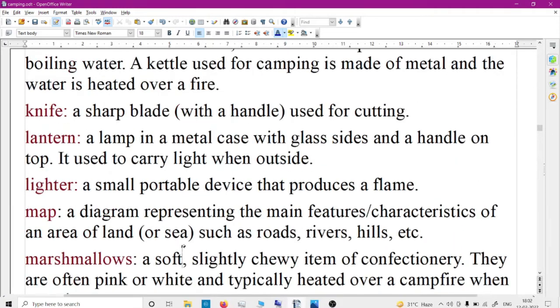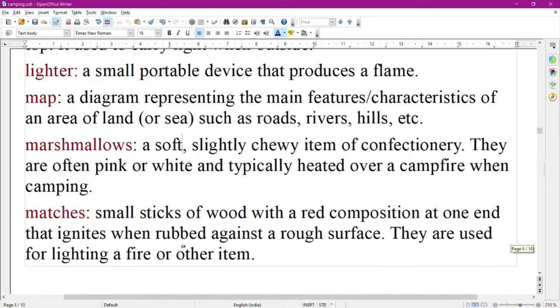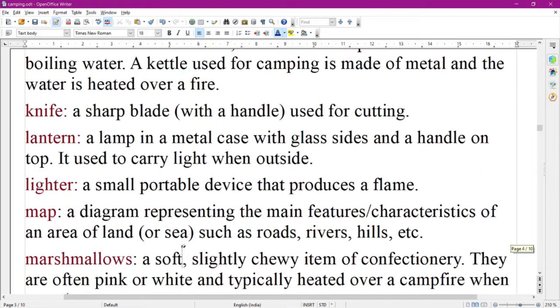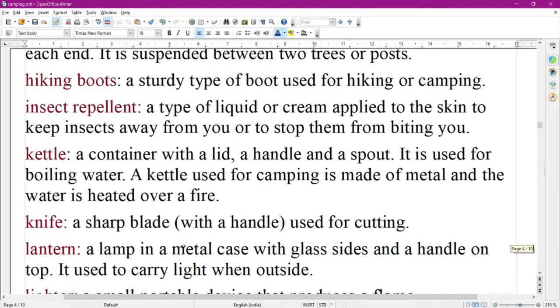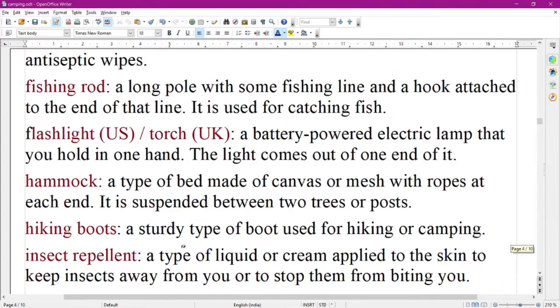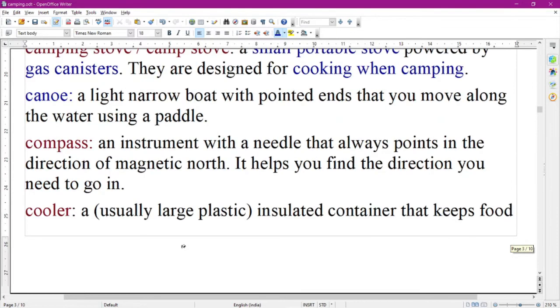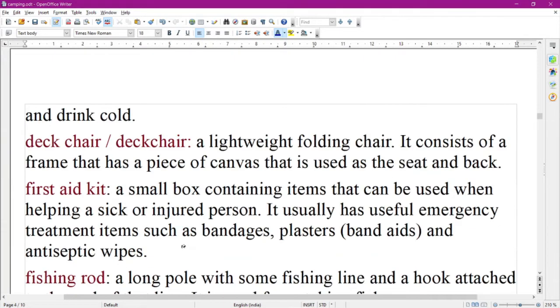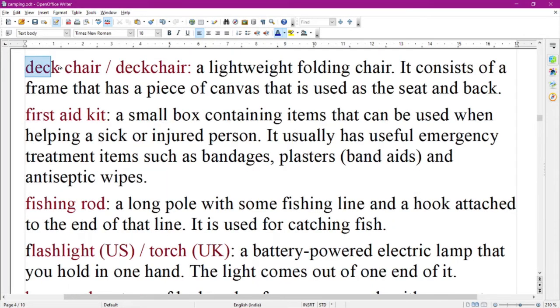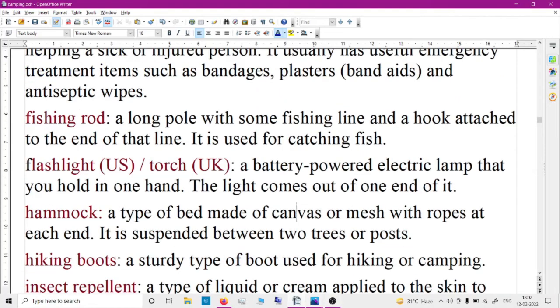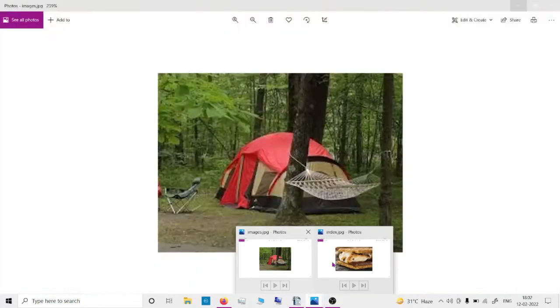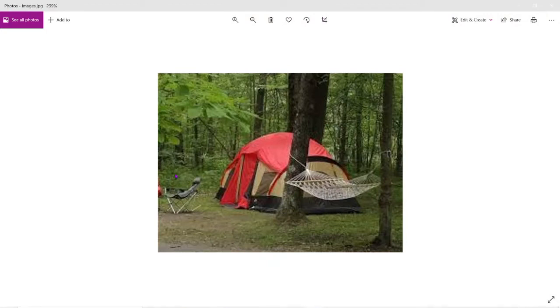Now this is deck chair. As in the picture we can see the deck chair.